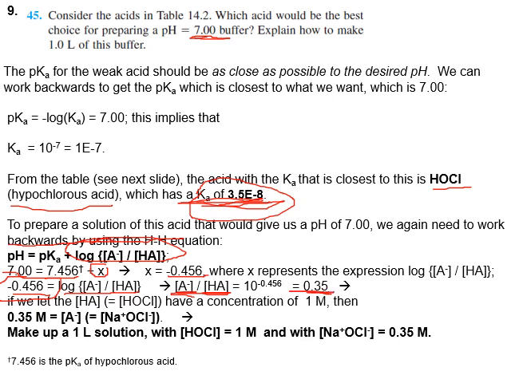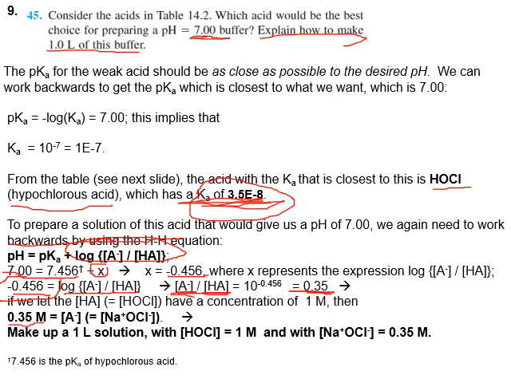So let's go back to the problem statement: explain how to make a buffer that would be 1 liter of this. Well, we want the concentration of the base to be 0.35 and the acid to be 1. So we want to use 0.35 molar base.